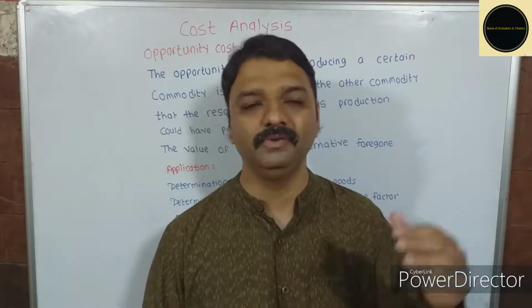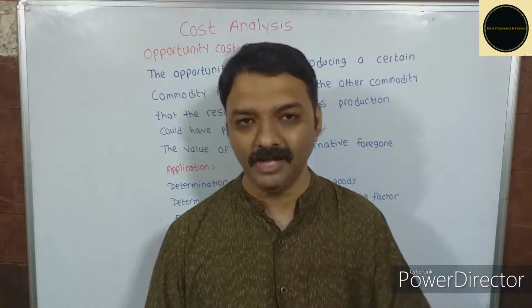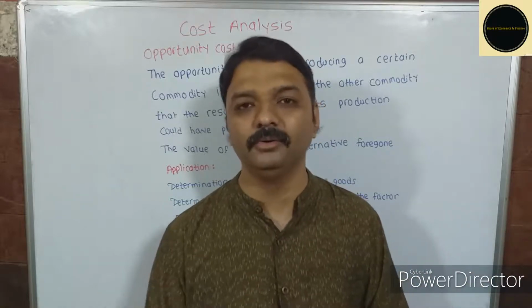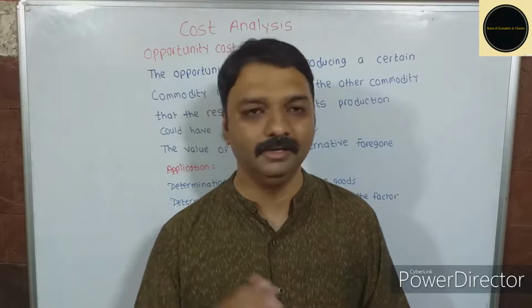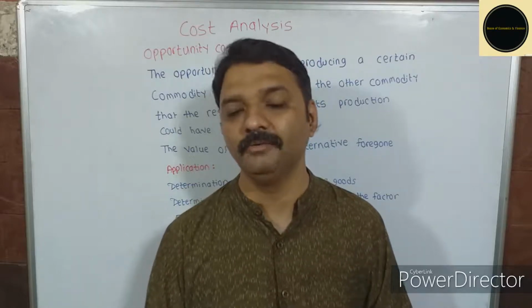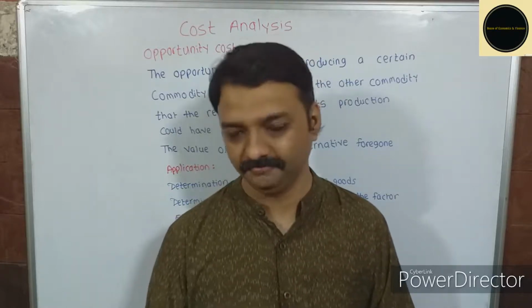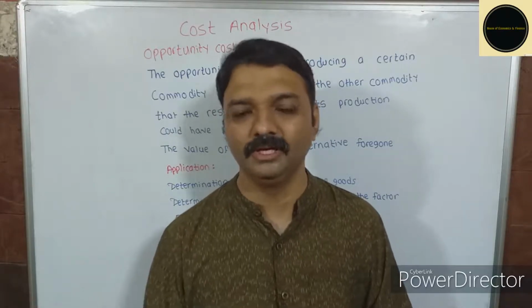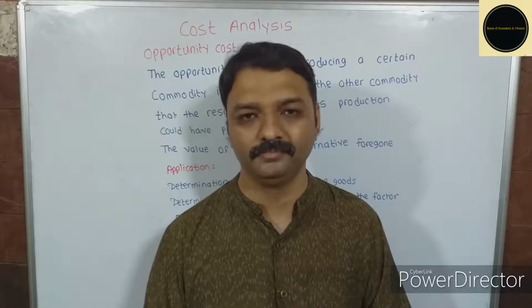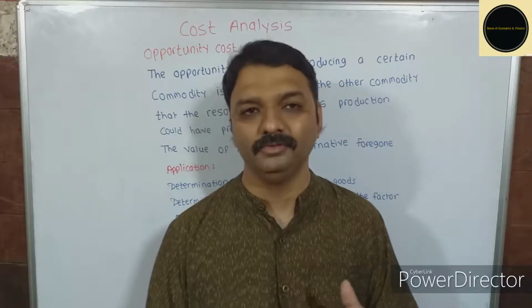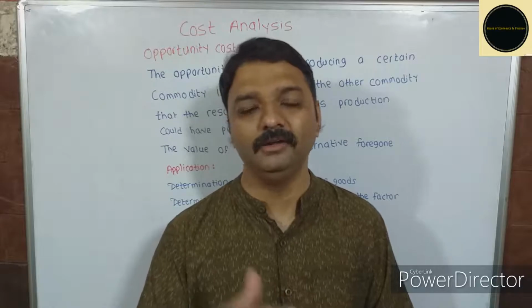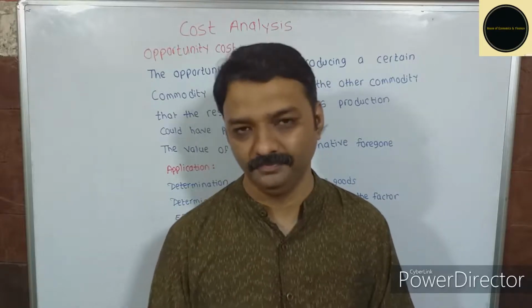This means if he continues to work in a bank, he will have to let go of the other alternative, or the income which he could have earned from that alternative, that is to say, working as a professor of economics. So this is basically opportunity cost, the value of the next best alternative foregone.